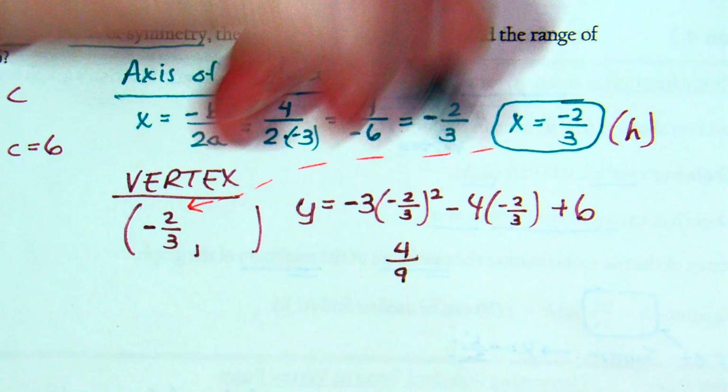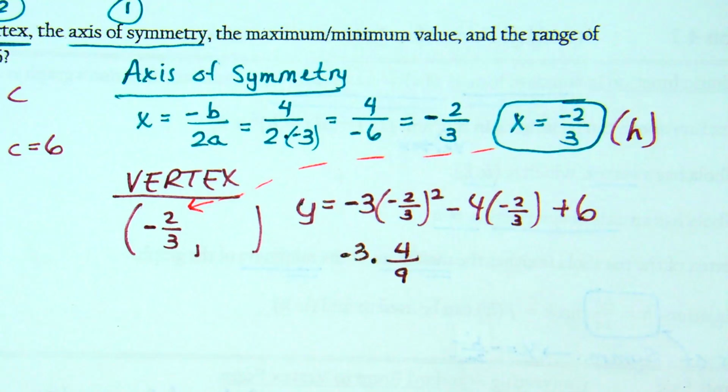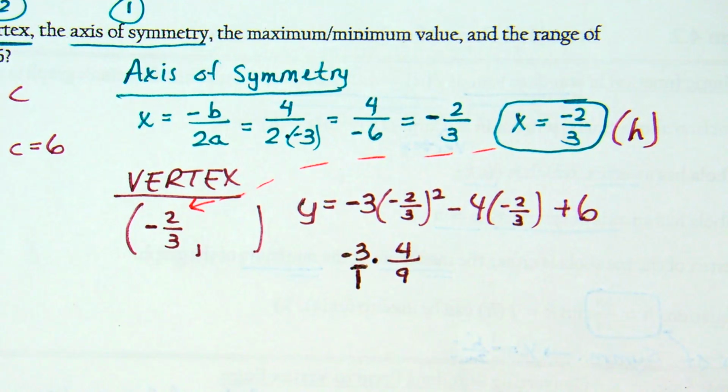Now, the other part we're doing is negative 3 times 4/9. How do I make negative 3 a fraction? Put it over 1, and then multiply. Or, what's the other option? Cross cancel. Not cross multiply, cross cancel.